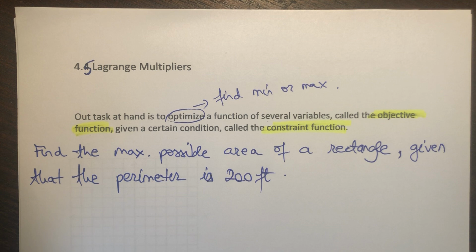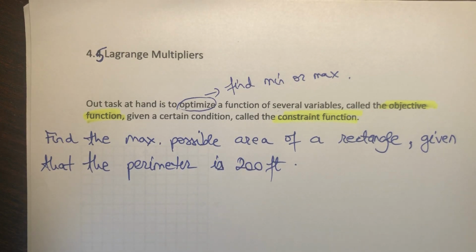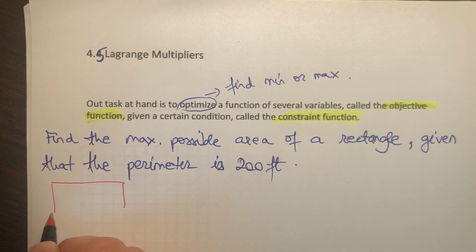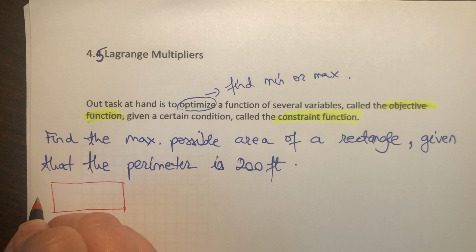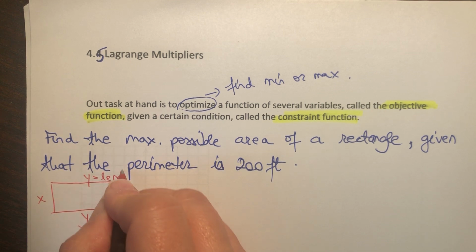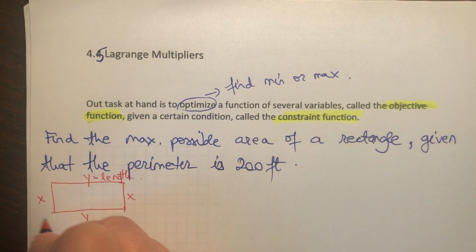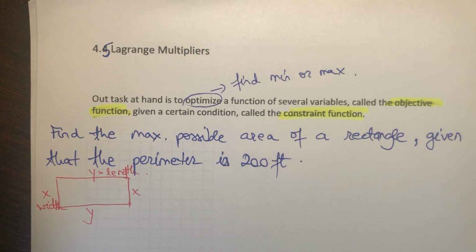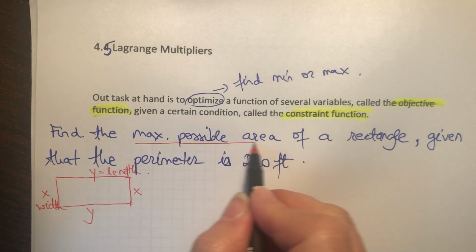Okay, so let me just remind you of what we did. We drew a picture of a rectangle, and we said what? Well, a rectangle has a width and a length. It doesn't matter which one you label what. So let's say y is your length and x is your width. Okay, fine. And then what did we want to do? We wanted to maximize the area.